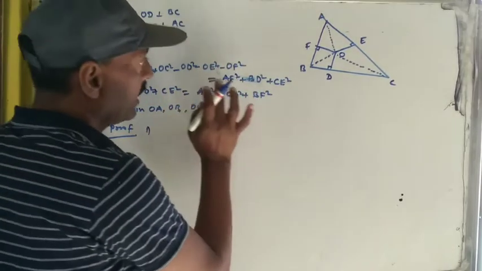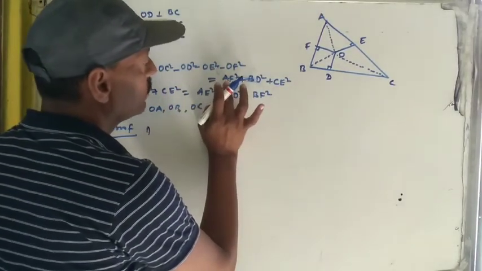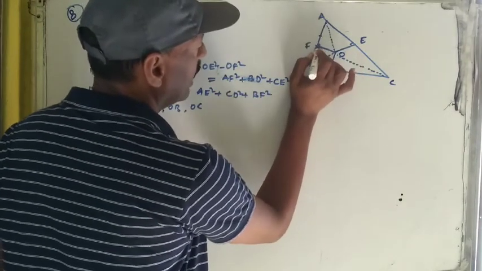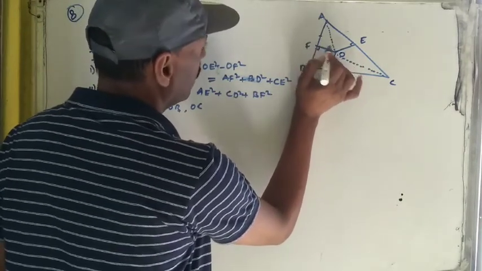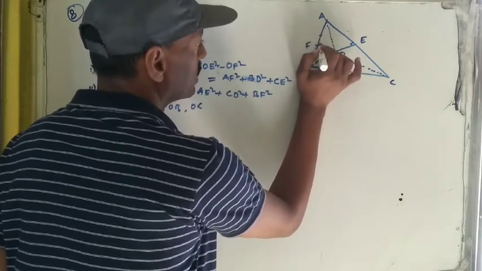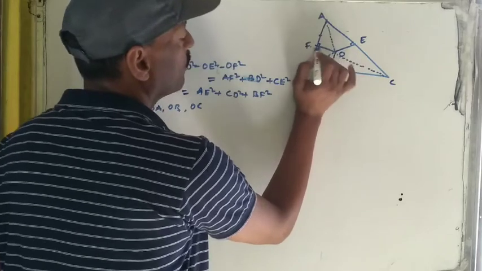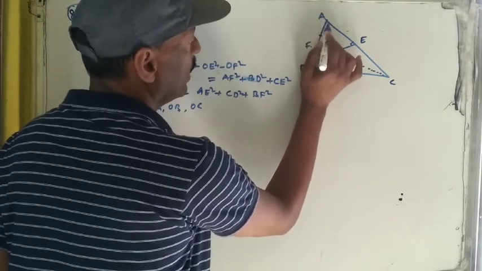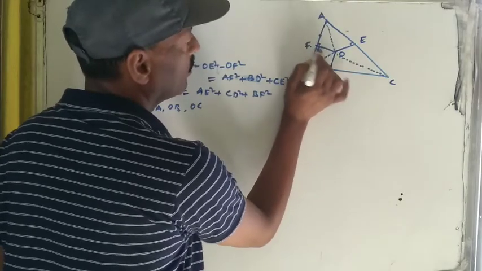So we will take it from here, just AF. Just see where AF is. AF is here. So a right angle triangle is formed here, and OF is perpendicular here. So by the right angle, OA square will be equal to AF square plus OF square.